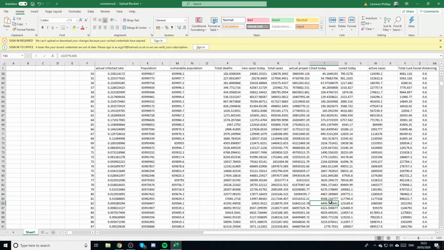Today's the 28th of March. According to my model, this is going to peak 20 days from today, probably.